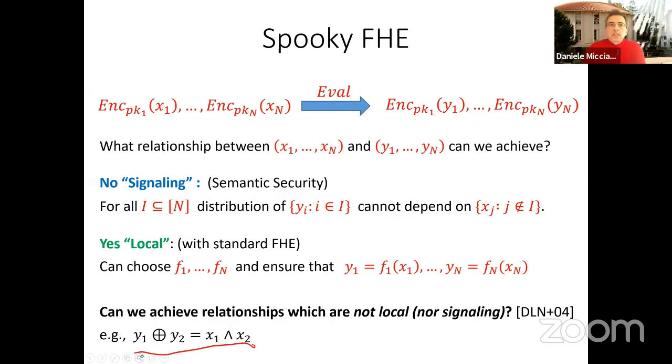Sorry, one clarification. In homomorphic encryption, usually the evaluation function is publicly computable. So that means that all three parties can compute all three ciphertexts? Yeah, that's right. The function is publicly computable.